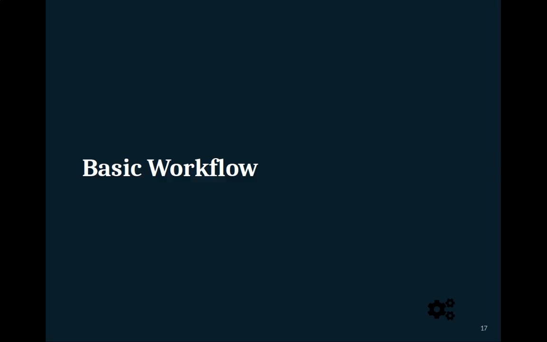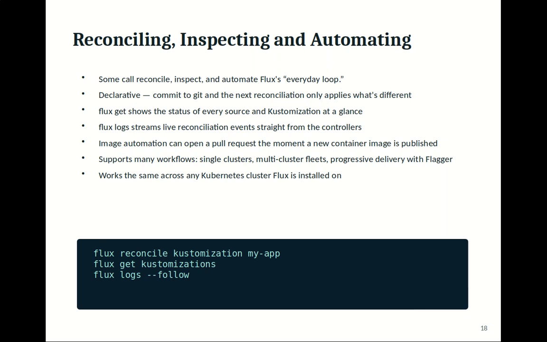Basic workflow. Reconciling, inspecting, and automating. Some call reconcile, inspect, and automate Flux's everyday loop. Declarative: commit to Git and the next reconciliation only applies what's different. flux get shows the status of every source and Kustomization at a glance. flux logs streams live reconciliation events straight from the controllers.